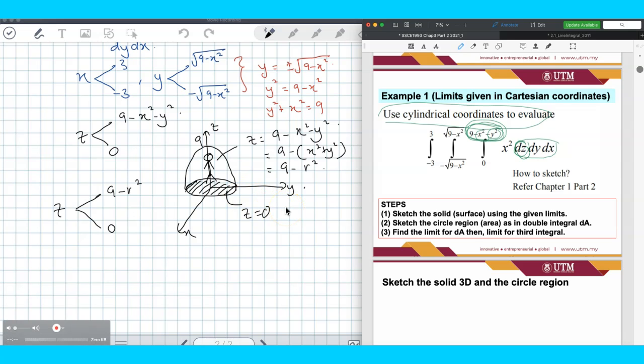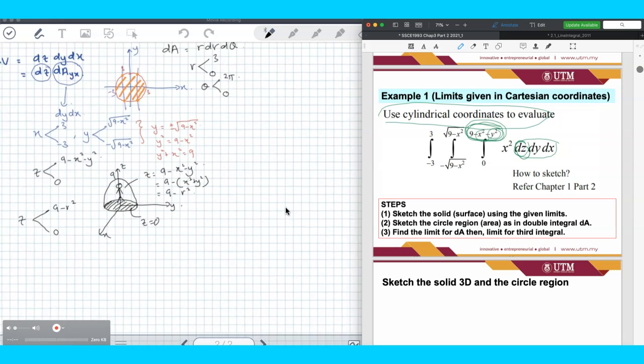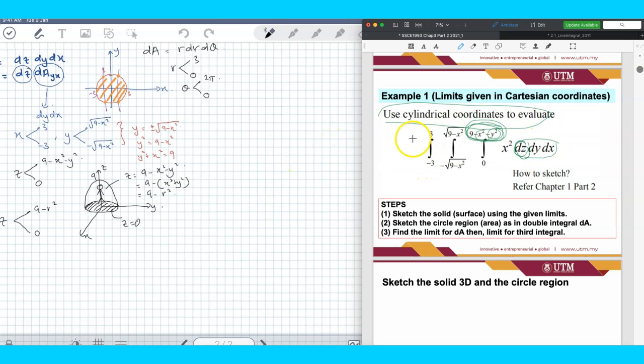Okay, so now we start to convert our integral, but now we want to convert into cylindrical. So your function x squared, you have to convert into polar. So you have (r cos theta) squared, and your dV is r dz dr d theta.